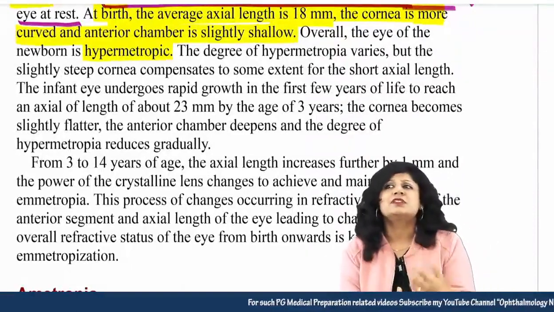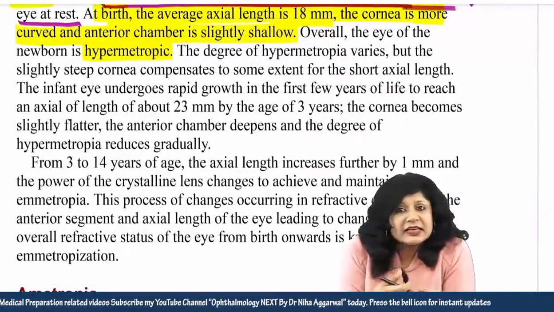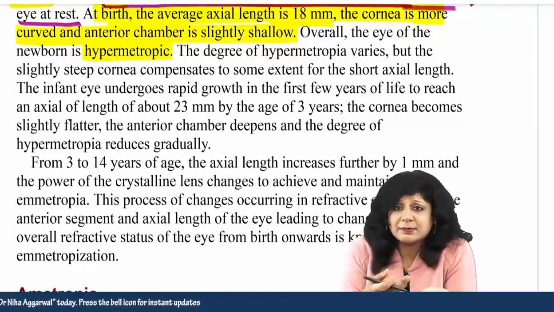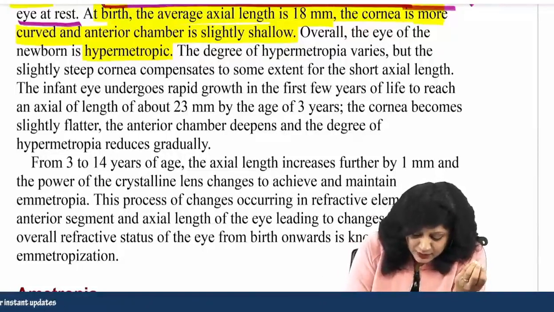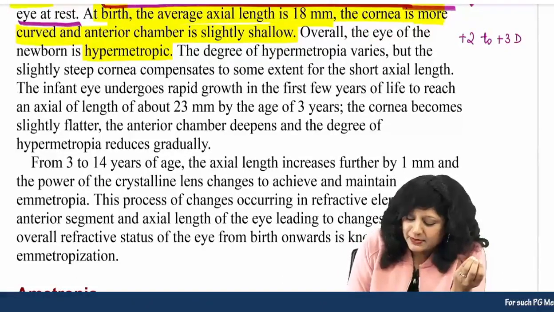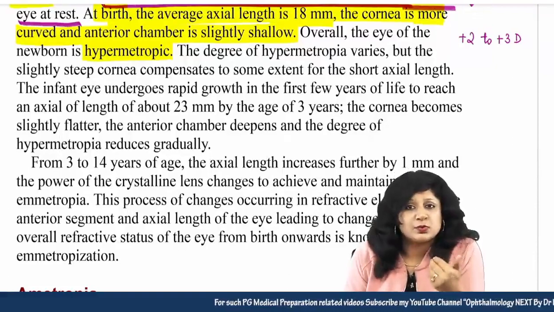This is the blunt truth of life, that the person is not emmetropic at the time of birth. All the babies are hypermetropic, approximately plus 2 to plus 3 diopters.